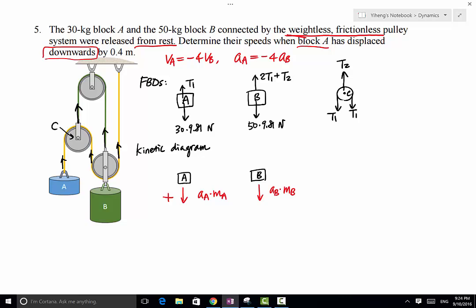If you think about it, according to Newton's second law, total force equals ma. In this case, because the pulley is weightless, it doesn't have mass either. M equals 0. So even if it does have acceleration, the product ma is still 0.